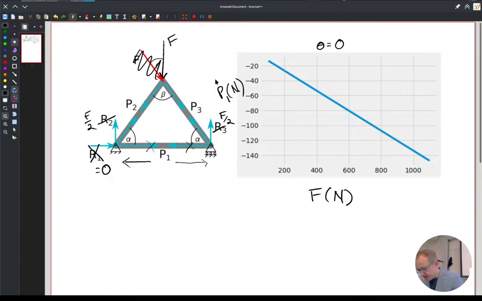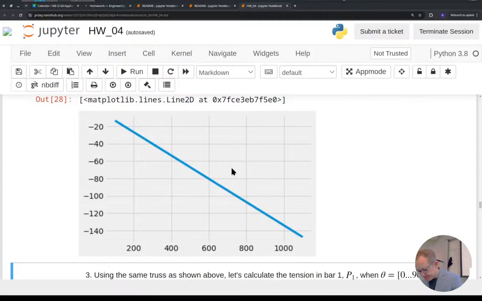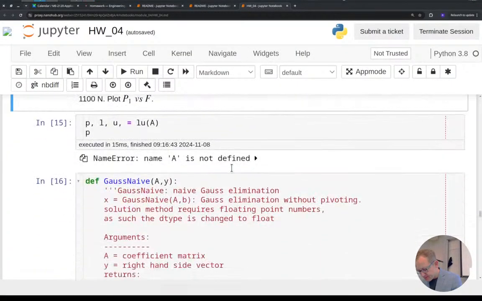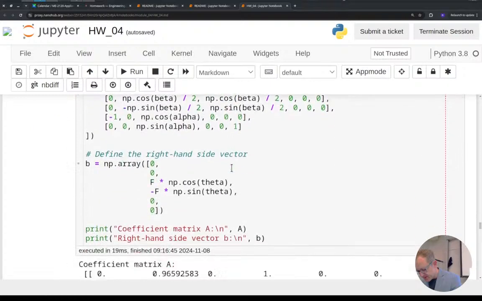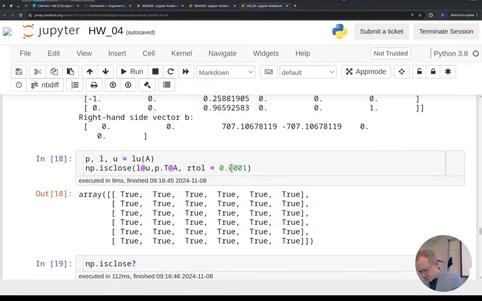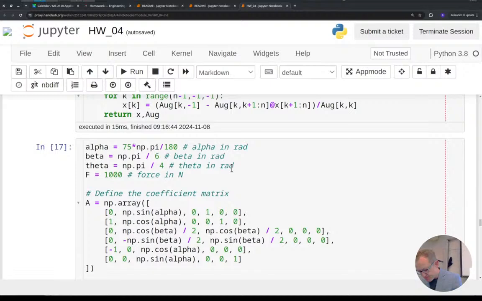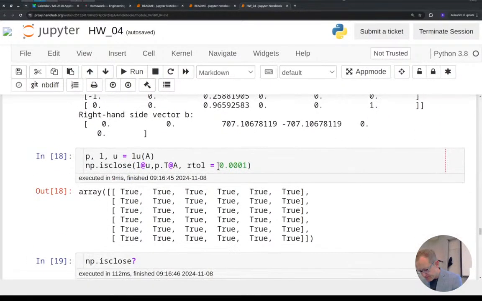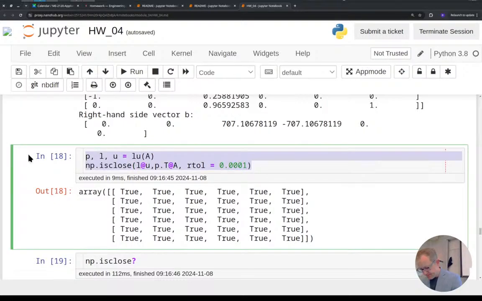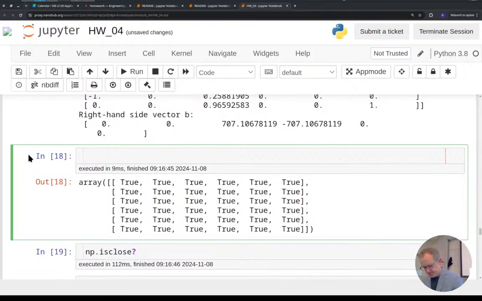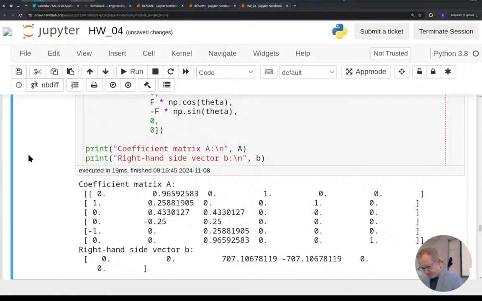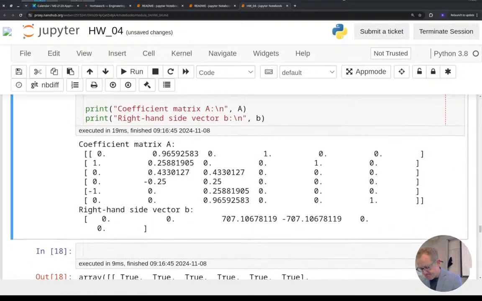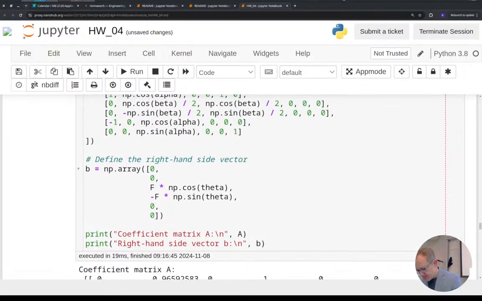What does it look like? Do we have this one written out? Yeah, we do. Take these out.